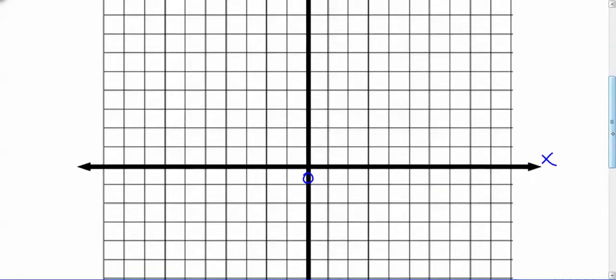So if each one is worth 1 tenth, I would be labeling, for example, 2 tenths, 4 tenths, 6 tenths, 8 tenths, and then this would be 1. And then I would do the same thing on the negative side of this. So negative 2 tenths, negative 4 tenths, negative 6 tenths, negative 8 tenths, and negative 1. All right, any questions on that? Pretty easy.